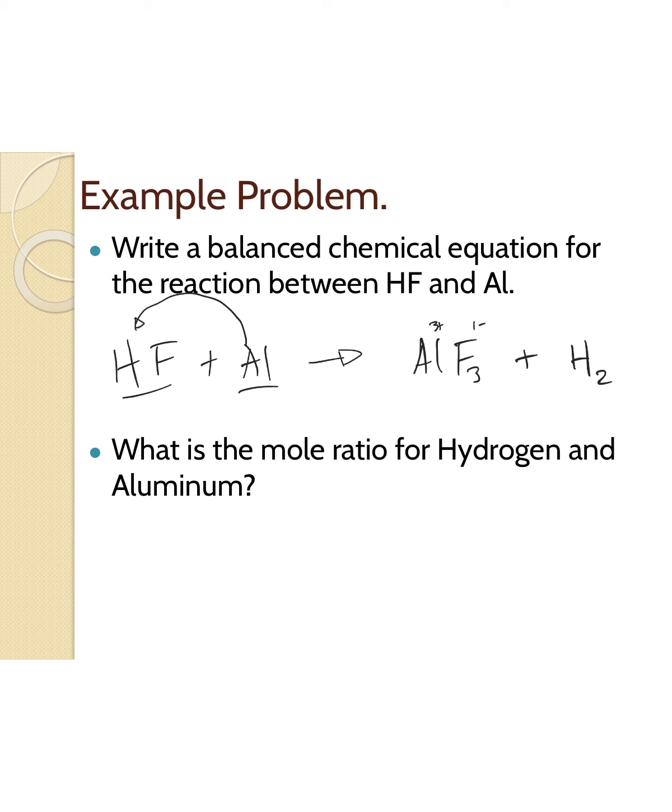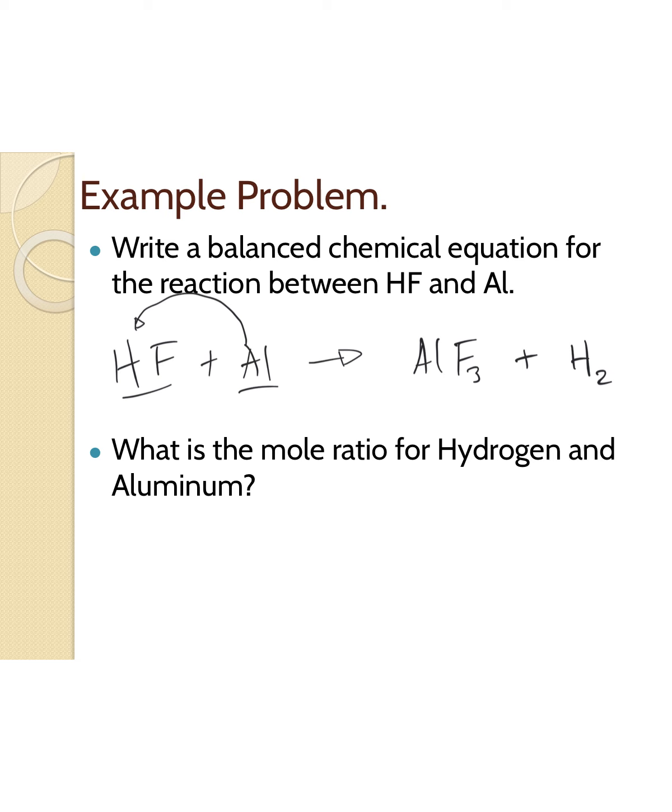So that is a chemical equation, but it's not balanced yet because you can clearly see the number of F on the left and the number of F on the right are not the same. So let's take a second to balance the equation. I see I have 3F, I have 1F, they're both odd numbers. And obviously I have 1H on the left and 2H on the right, so I need to turn the left into some kind of even number.